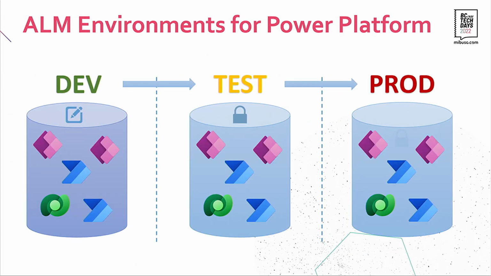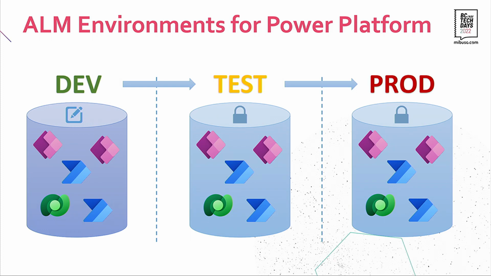For ALM, we need 3 environments because we want to separate everything. We want to separate development from test, from production. This makes sense because, as a developer, I've learned I do my things in my isolated environment. Afterwards, I ship my app to the test environment.